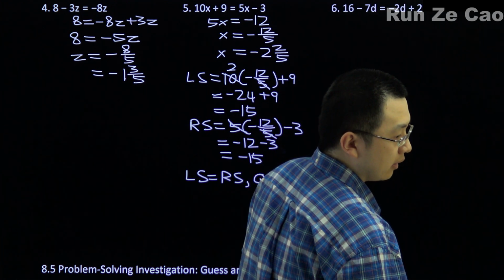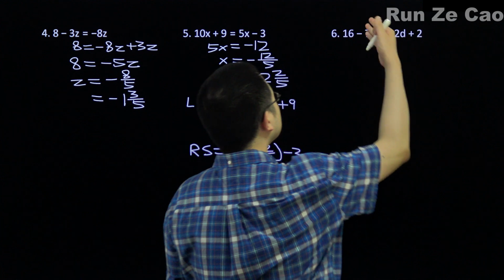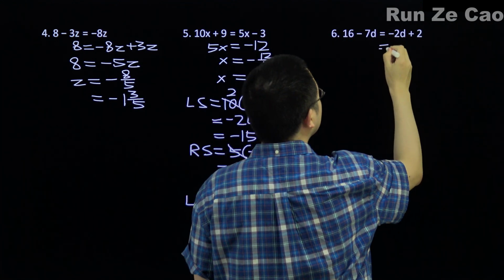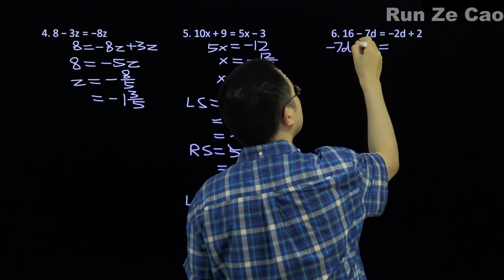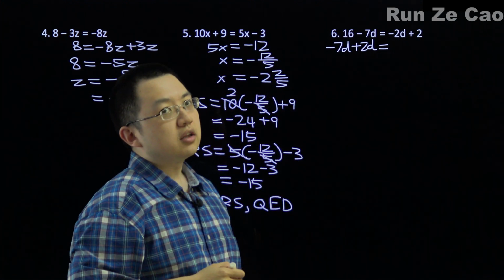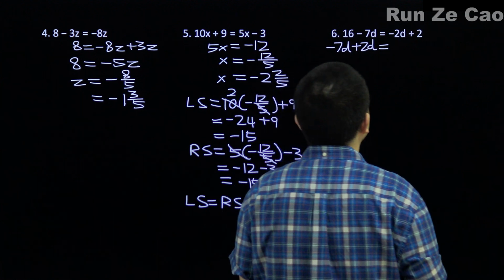Okay, how about this last one for this section? 16 minus 7d equals negative 2d plus 2. Well, you have negative 7d plus 2d. It's really recommended to write your rearrangement step if you have a lot of negative symbols flying about, just saying.